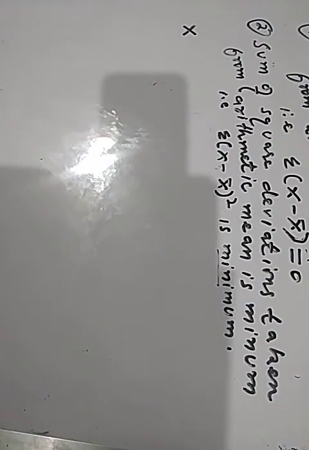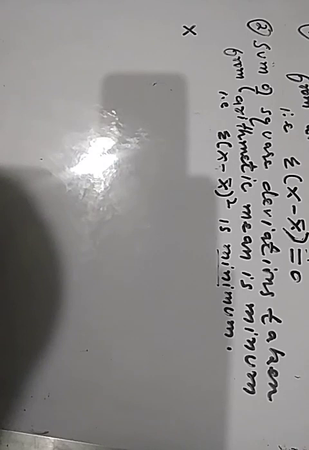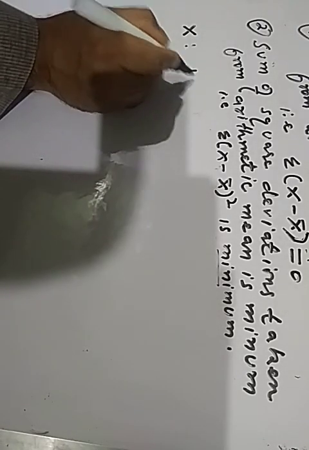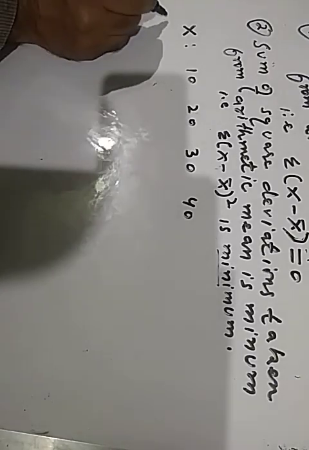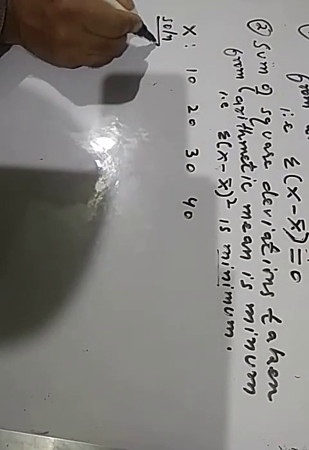It may be any variable such as income, wage, age, height, marks, etc. And its values are 10, 20, 30, 40. Now from this data, we have to prove these two mathematical properties of arithmetic mean. Now the solution will be like this.